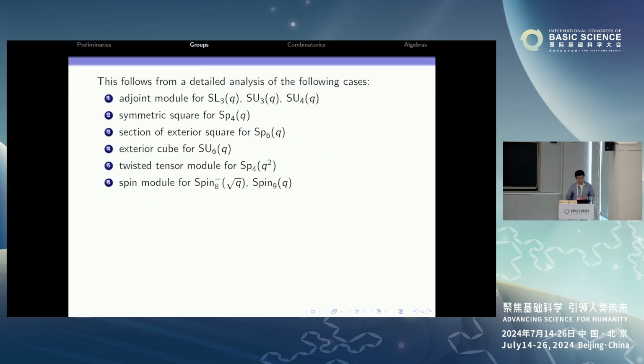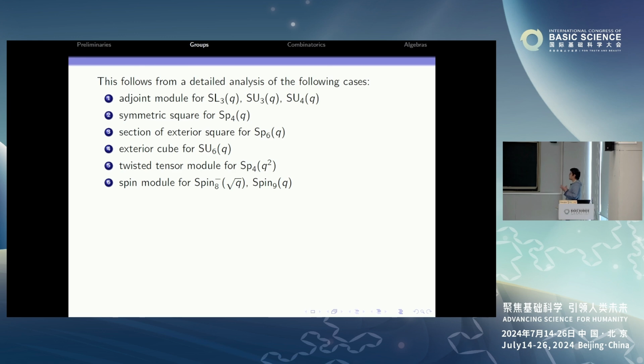So our analysis of the class S comes from a very detailed analysis of the following cases. For the high dimensional cases, we can simply use parameter considerations to exclude them.